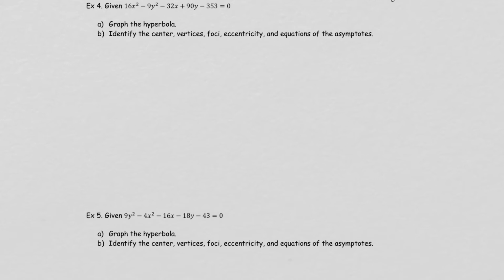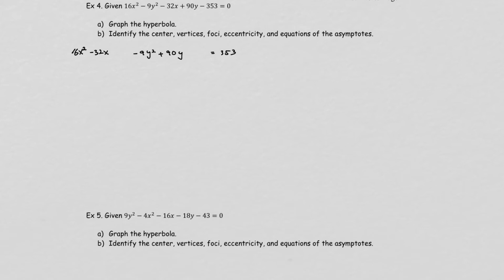We're going to put all the numbers with variable x first. So it will be 16x² − 32x, and then a little space with −9y² + 90y. And I wanted to put −353 on the other side.